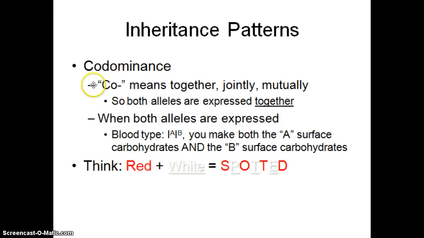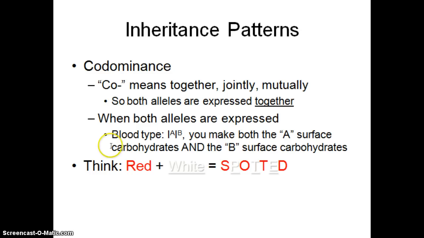As opposed to codominance, co meaning together, like co-ed, jointly, mutual. Both alleles are expressed together, and again, we've already done blood type. A classic example of that is AB blood type, where the person that has AB blood type makes A surface antigens, specifically glycoproteins on their red blood cells that are like tags for that red blood cell. And they also make surface antigens that are B surface antigens or glycoproteins.